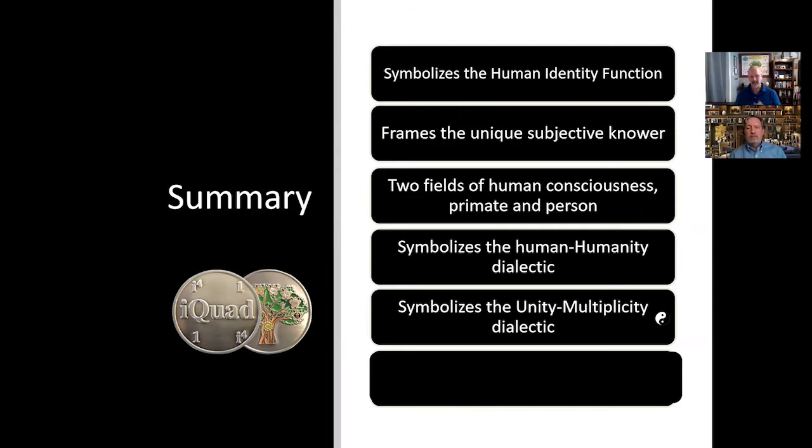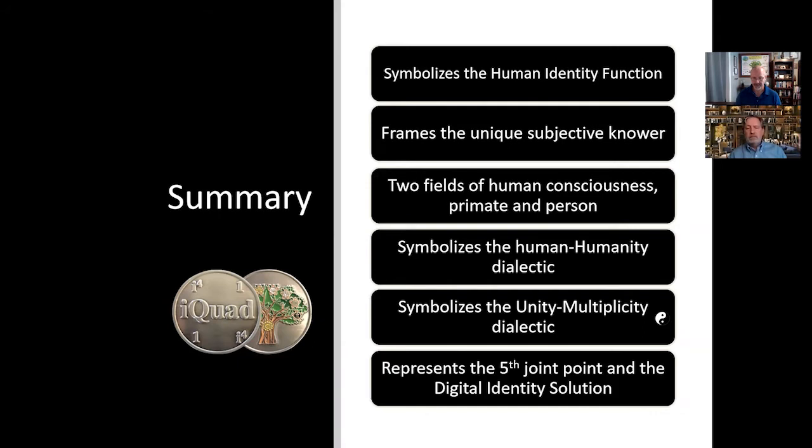So I noted Plotinus, I noticed the yin-yang symbol. These are all pretty ubiquitous in philosophy, this reflection on this tension, and the iQuad relation of 1 equals I to the fourth symbolizes that, with the 1 being the one side, and I to the fourth representing aspects of many.